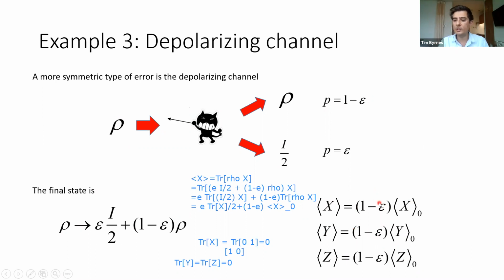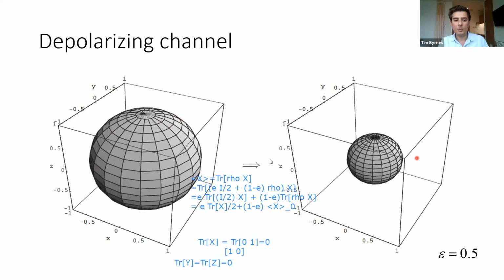If epsilon is bigger than 0, then it's going to be some factor less than 1, right? So this one will just take your Bloch sphere and make it smaller. Everything goes towards the interior of the Bloch sphere and the expectation value is reduced by some factor.